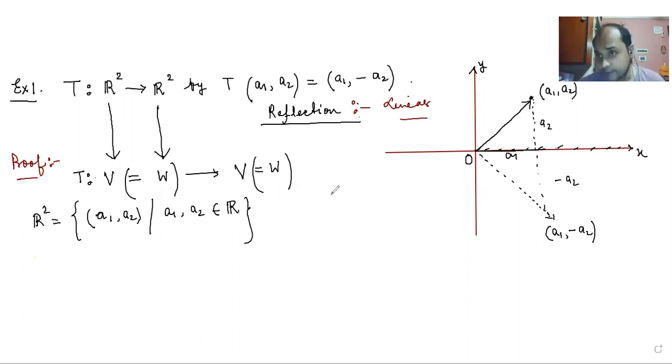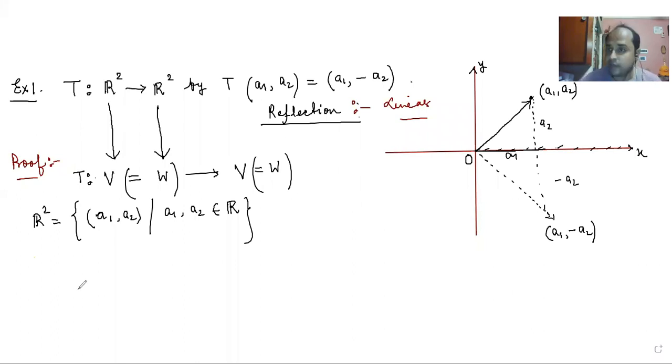In the definition of the linear transformation, it was mentioned that the two vector spaces must be vector spaces over the same field. Since your vector spaces are the same, this is a vector space over the field R, so that condition is also satisfied. After that, now you can work on it.